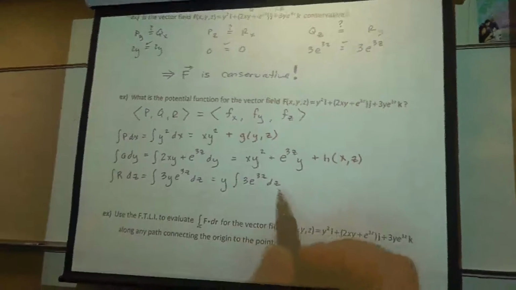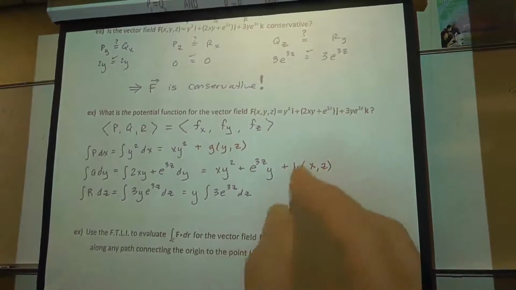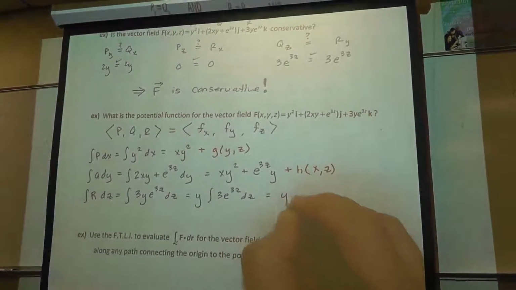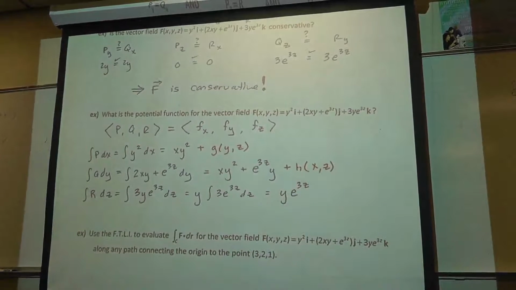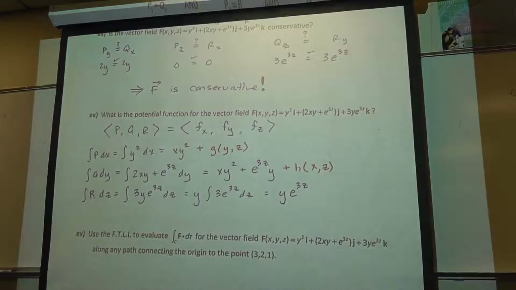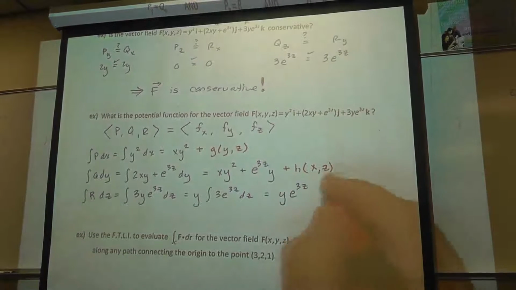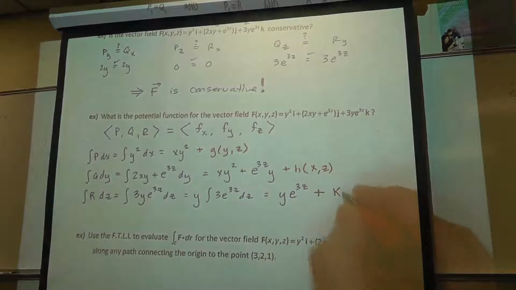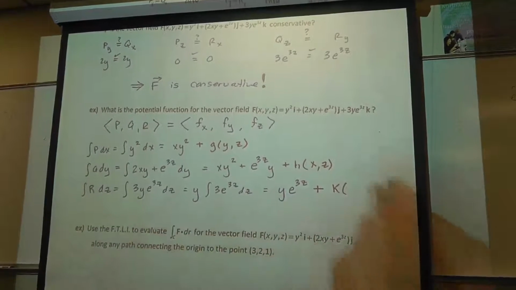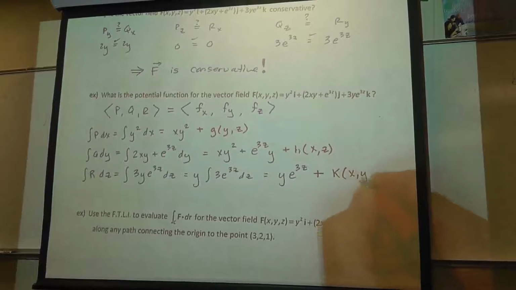Then du is 3dz. So you're really going to integrate e to the u. So y e to the u goes back to y e to the 3z. Plus, I'm running out of function names here, plus some other function, I call it k, that since we just integrated z, it would have had to depend on x and y.